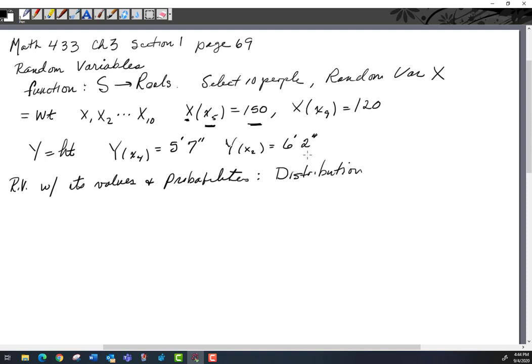A probability distribution. And I think we could come up with an example of that.